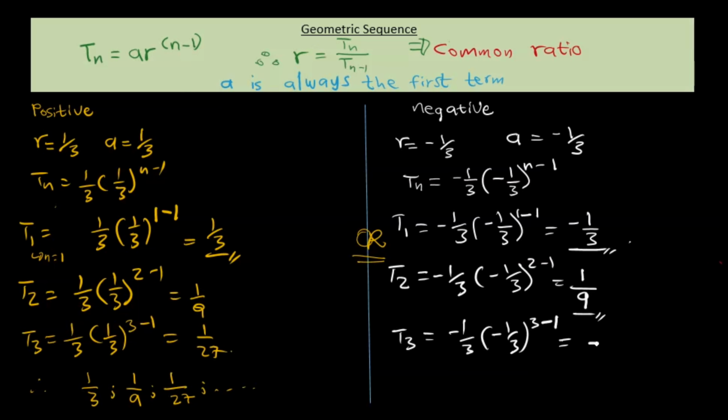So this will be negative 1 over 27. Your sequence is now minus 1 over 3, positive 1 over 9, minus 1 over 27. Okay, let's move to the next one.